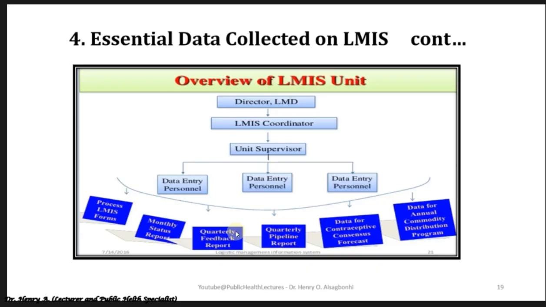You have somebody in charge of the quarterly feedback reports, quarterly pipeline reports, data for contraceptive consensus forecast, data for annual commodity distribution program. All this data comes in to the LMIS to help the director or the coordinator form a shaped report that is comprehensive, evidence-based, and can be applied.